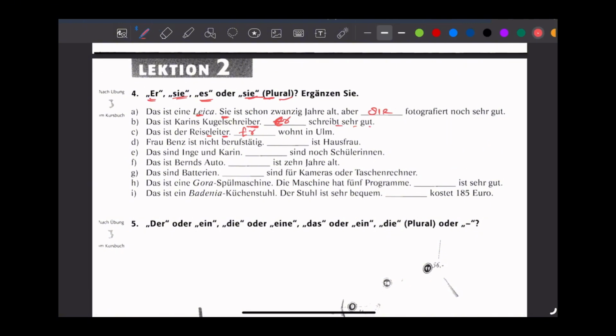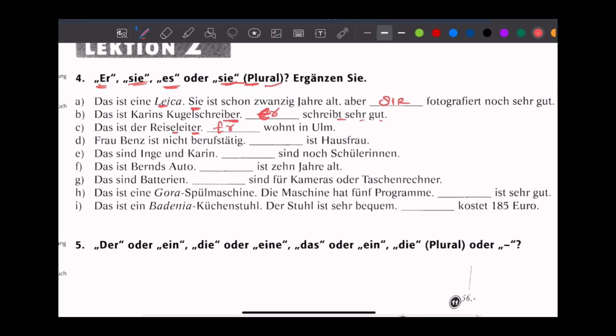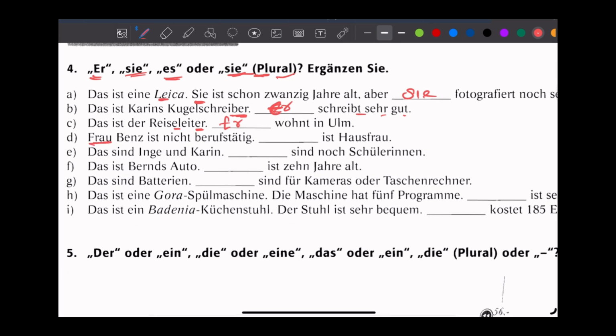Frau Benz ist nicht berufstätig. Frau, so definitely is a female. Sie ist Hausfrau. Das sind Inge und Karen. Double, so plural. Sie sind noch Schülerinnen.